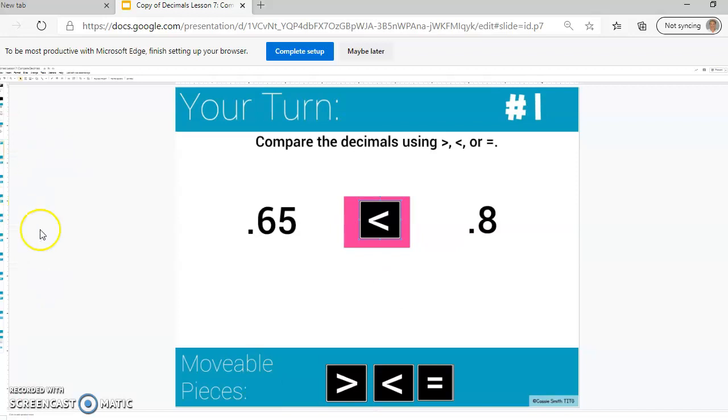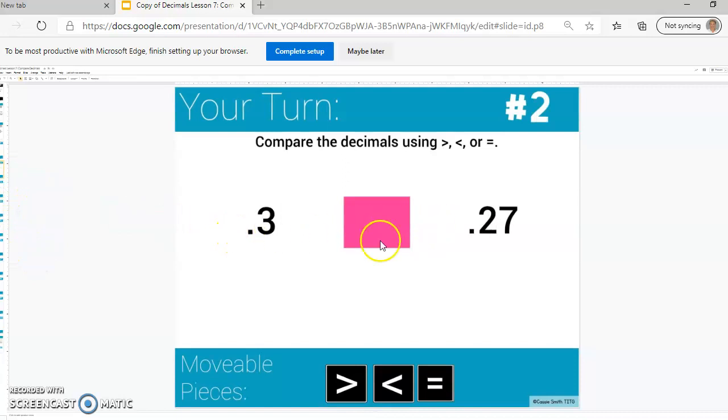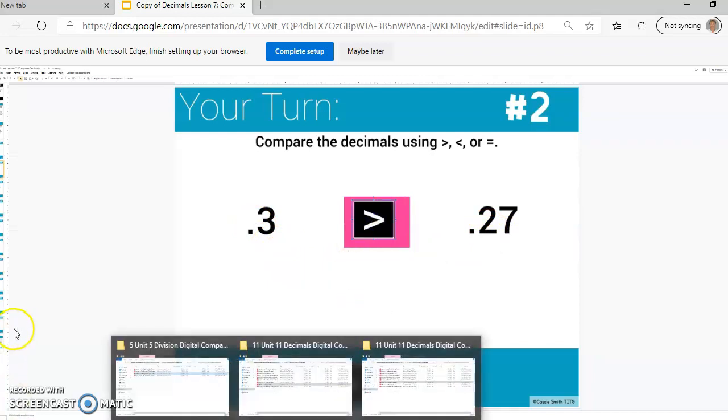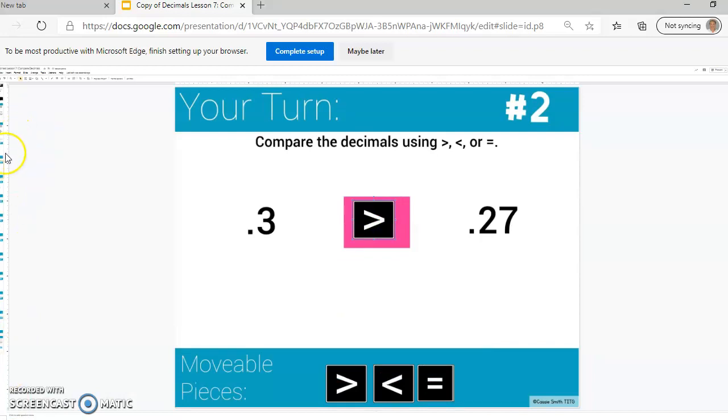And here, let's do another one. All right, so here we have 3 tenths and we have 27 hundredths. I know that 3 is greater than 2, so therefore our gator eats the greater number. And we'll do one more. Write these down. 3 tenths is greater than 27 hundredths.